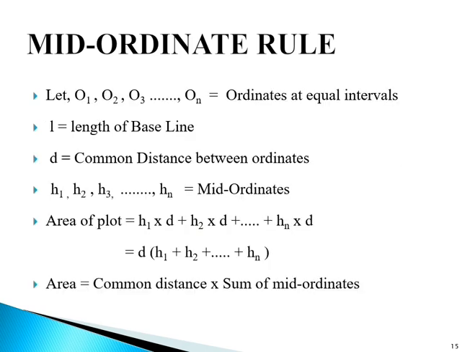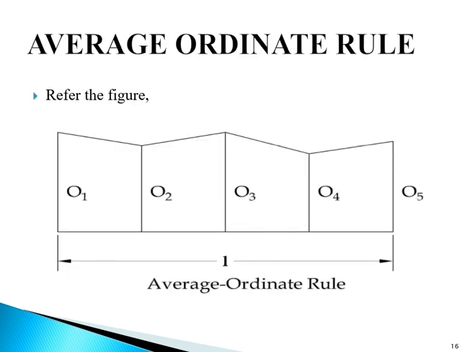So the area will be given by H1 into D plus H2 into D plus up to Hn into D. Further simplifying, D into bracket H1 plus H2 plus up to plus Hn. So area is given by common distance into sum of mid-ordinates.